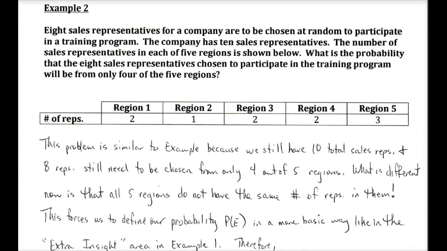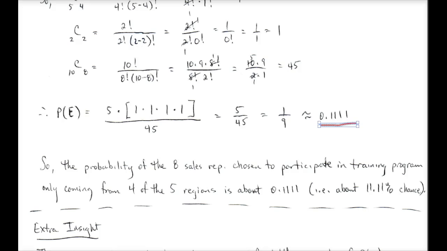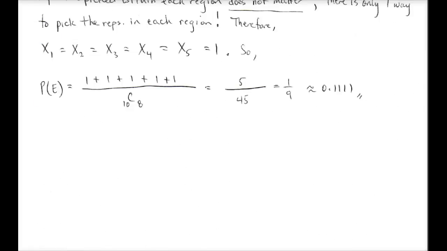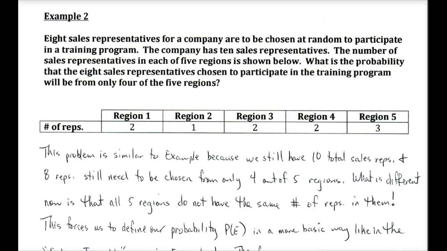So in this next example here, we have pretty much the same scenario, but now you see that in region 2 and in region 3, we don't have 2 sales representatives, okay?